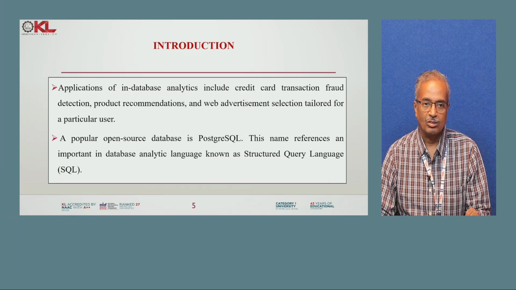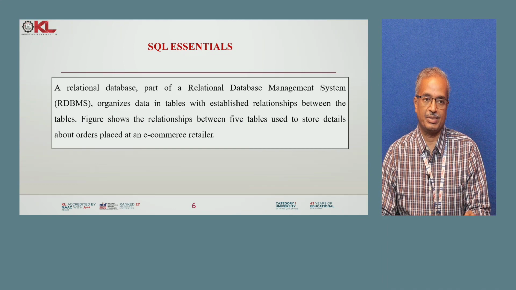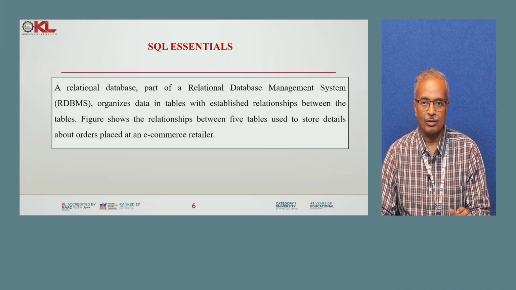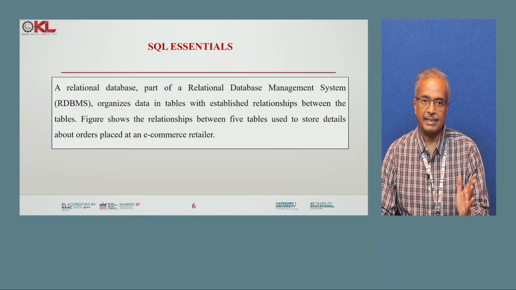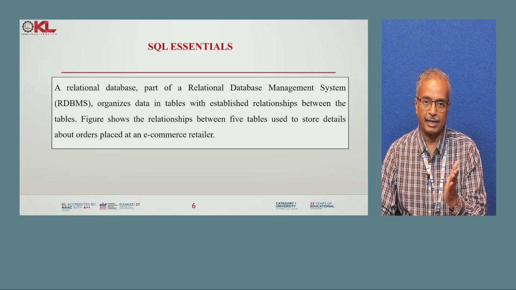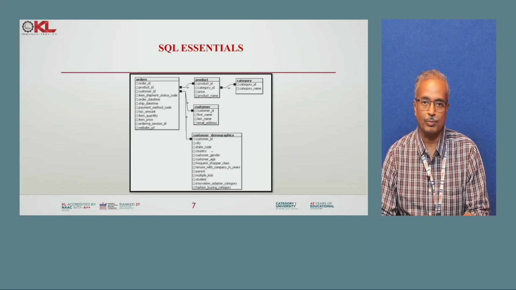Okay. So this is the SQL essentials. As per RDBMS, we know that we design tables and establish relationships from one table to another table. This is the best example.